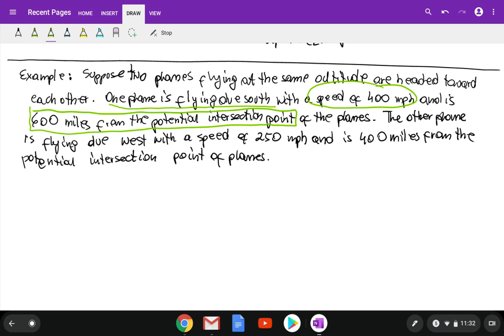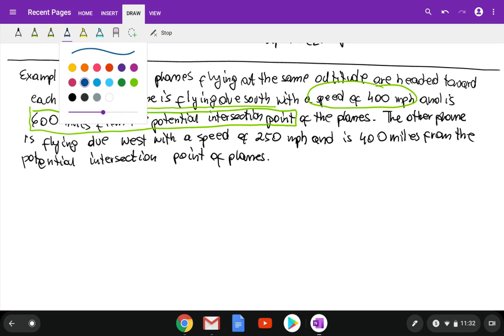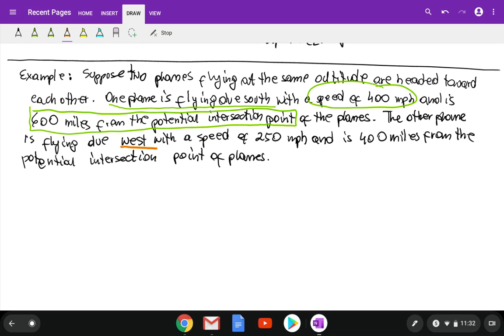This is important. The other plane is flying west with a speed of 200 miles per hour, and it's 400 miles from the intersection. And this is what they ask you to do.